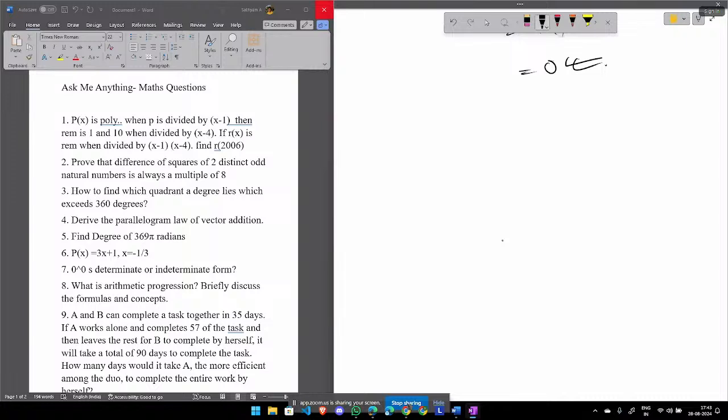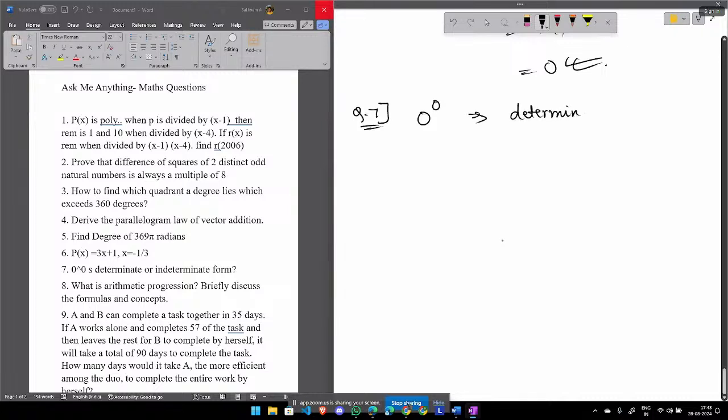Okay, let's move to the next question. Question number 7. What does it say? 0 to the power 0, is it determinate or indeterminate form? Okay, so I hope all of you know what a determinate form and an indeterminate form is.